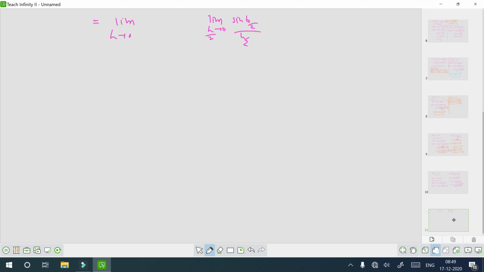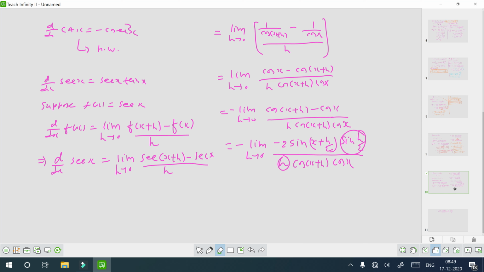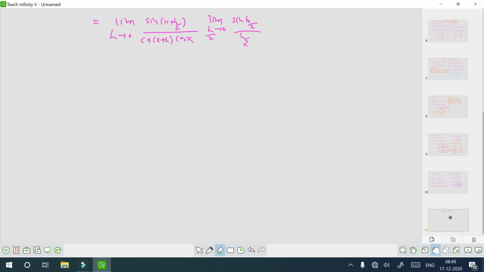Remaining term, limit h tends to 0, sin (x plus h by 2) over cos (x plus h) into cos x. Into this one, sin (x plus h by 2) into denominator quantity cos x plus cos h. Now put the limit, that is equal to sin x over cos square x into 1.